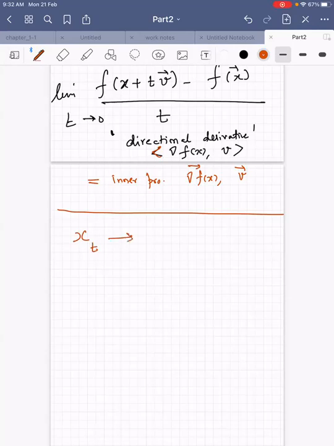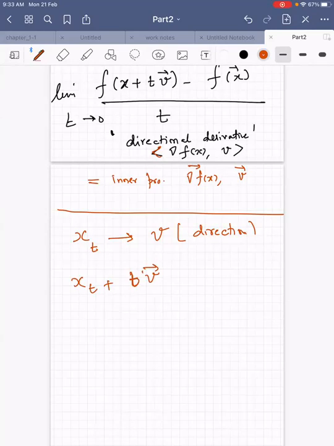So I take this direction v. Let's say I reach x_t plus t times v, where v is my unit vector in this direction, and t is the length I have moved. So I reach f of x_t plus t v.